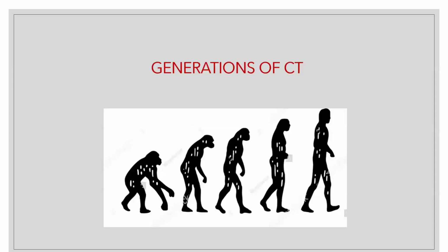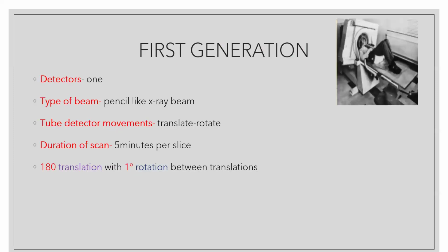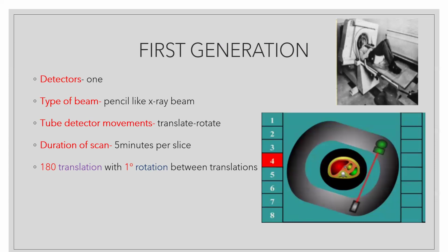Just like how we humans have evolved in generations, CT has also evolved in generations. The first CT, when it was invented, was the first generation. Here, the number of detectors is 1 and the radiation beam coming from the tube is a pencil-like X-ray beam.